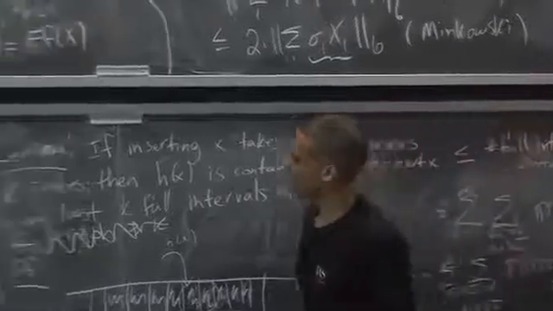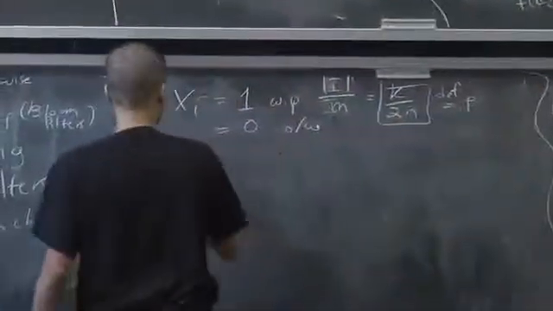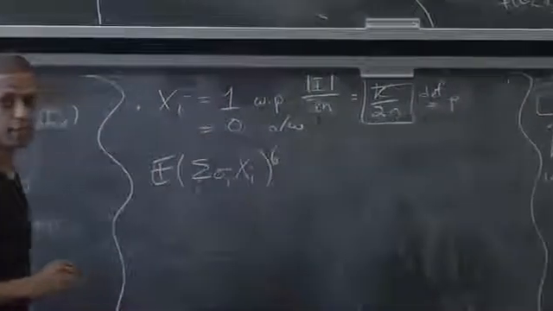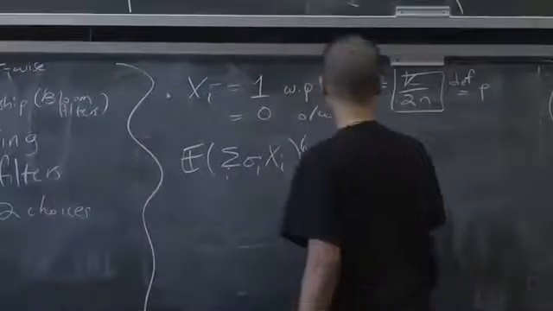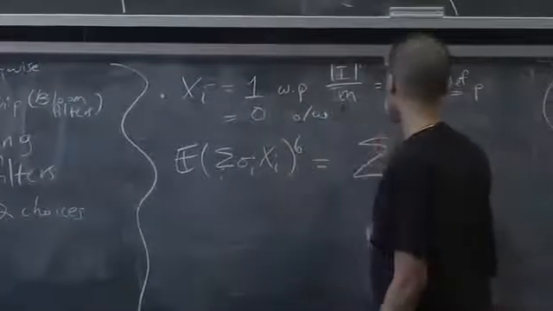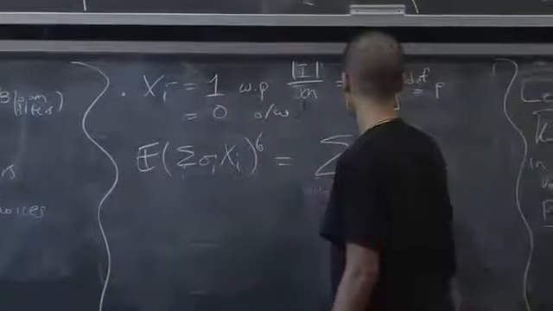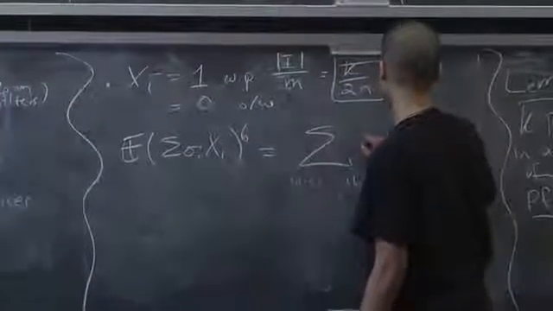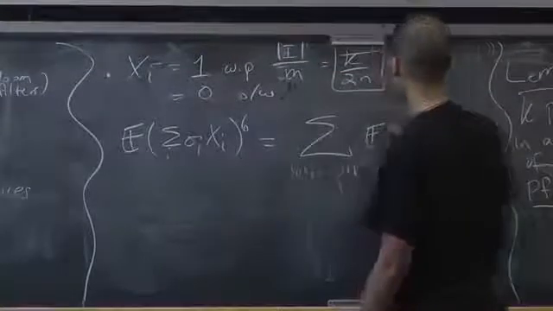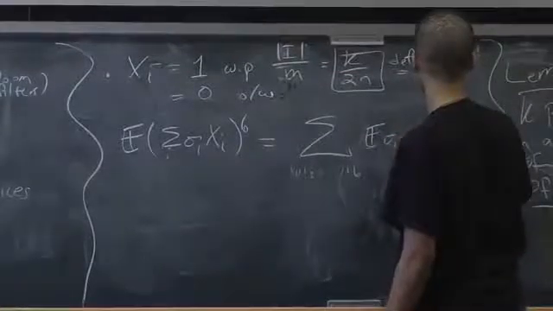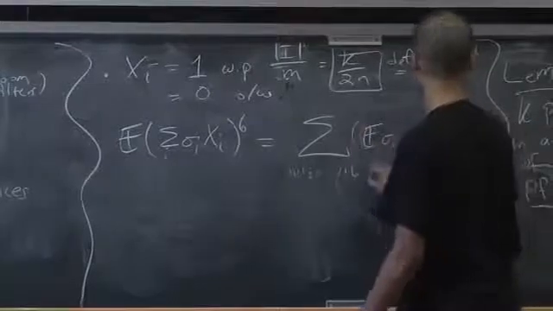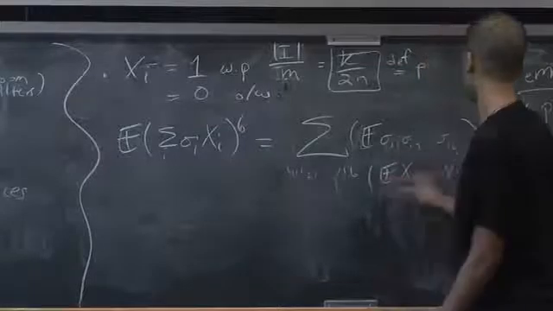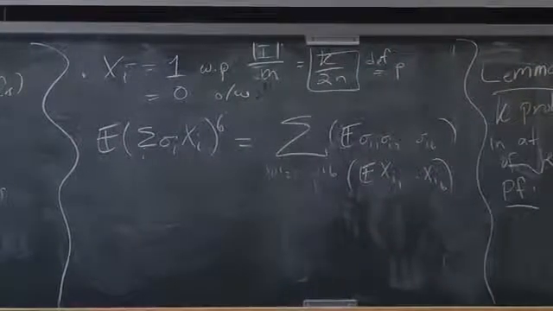Okay. So now if you want to bound the expectation of the sum over i of sigma i xi to the 6th, you'll expand this out and you'll get a sum over i1, i2, up to i6 of the expectation of a bunch of sigma powers, sigma i1, sigma i2, sigma i6, times the expectation of xi1 through xi6.